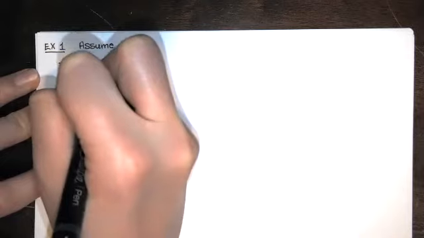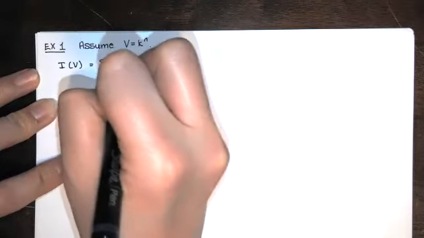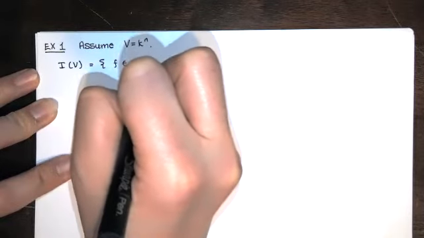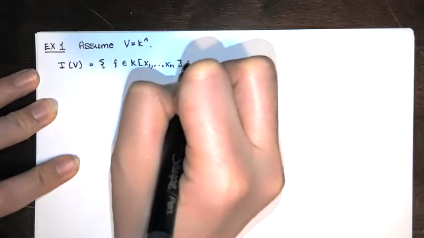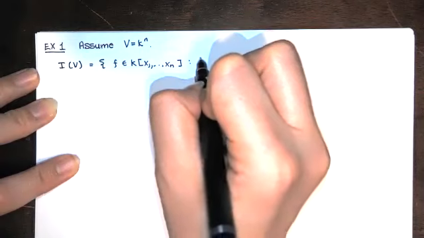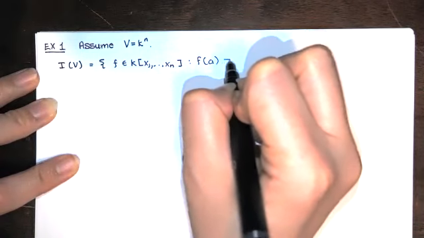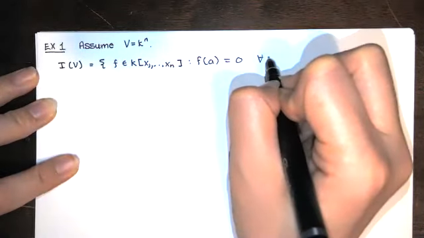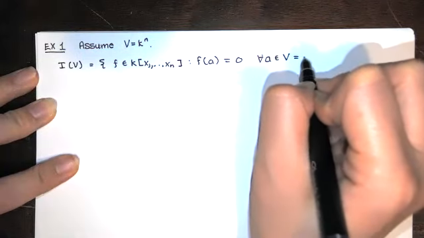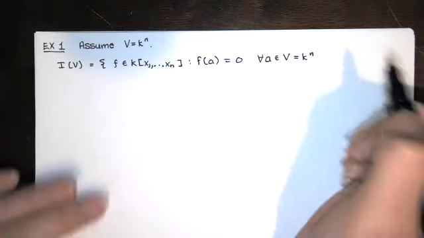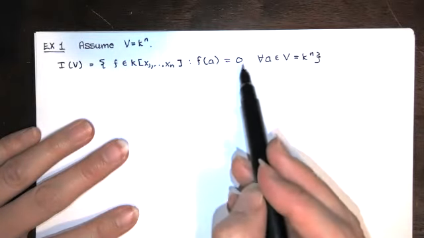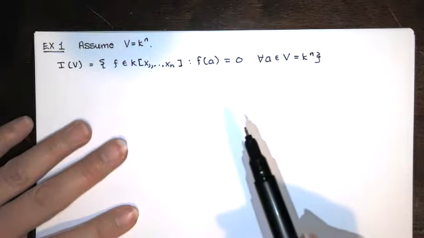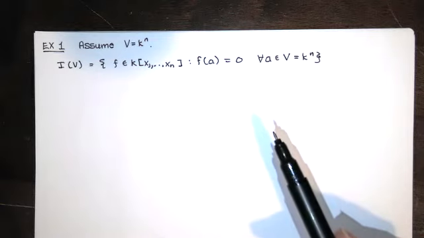In that case, the ideal of the variety is the set of all polynomials in our polynomial ring such that f of A equals 0 for all A in the variety. Well, if that variety is all of n-dimensional affine space, we're talking about the set of polynomials that are equal to 0 at all points in n-dimensional affine space.